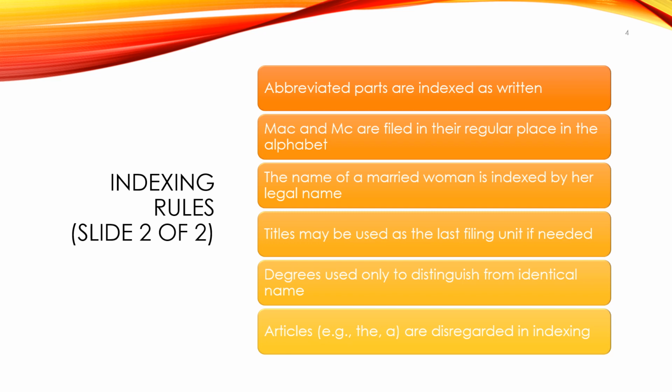Mac and Mc are filed in their regular place in the alphabet, so MAC would come before MC. Remember, those prefixes are part of the name, so Mac would come before Maggie, and Maggie would come before Mc.